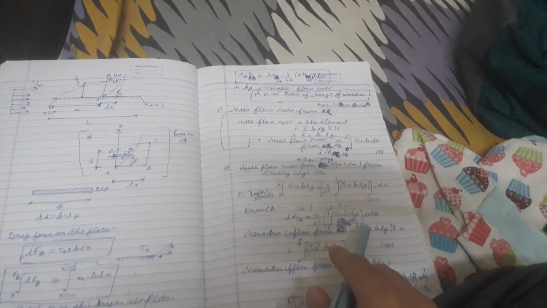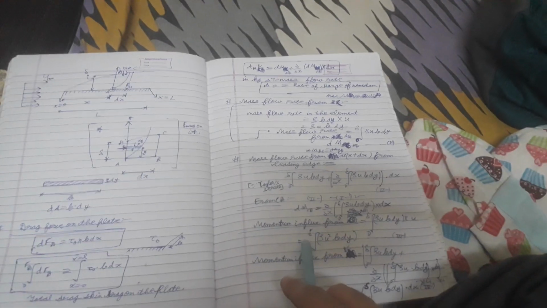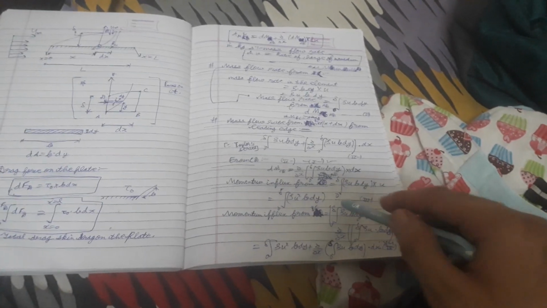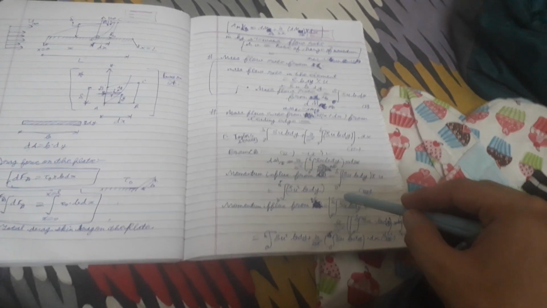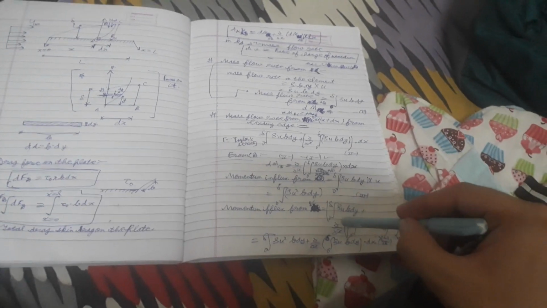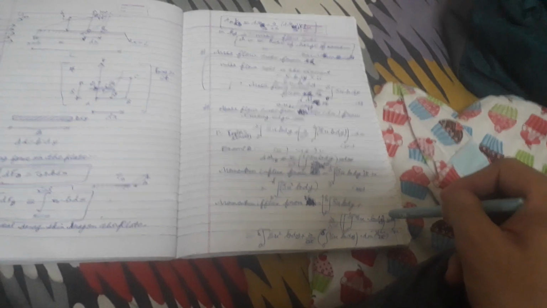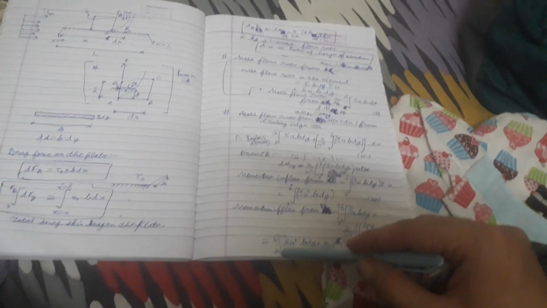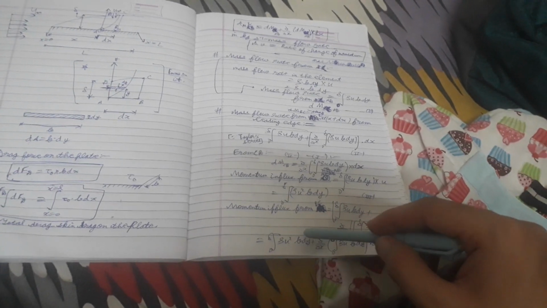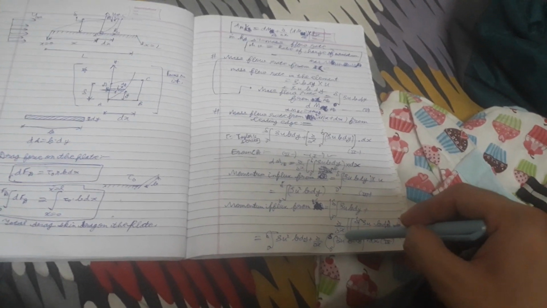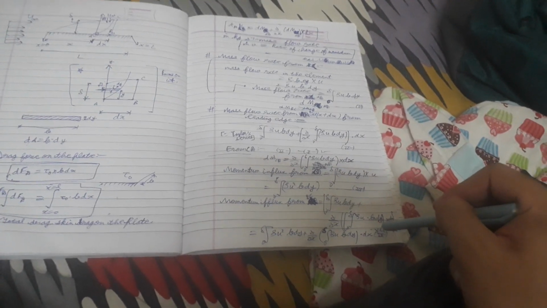Momentum flux from AD is the integration from 0 to delta of rho u b dy into u, which is the integration from 0 to delta of rho u square b dy. Third, the momentum influx from BC is the integration from 0 to delta of rho u square b dy plus del by del x of the integration from 0 to delta of rho u square b dy into dx.